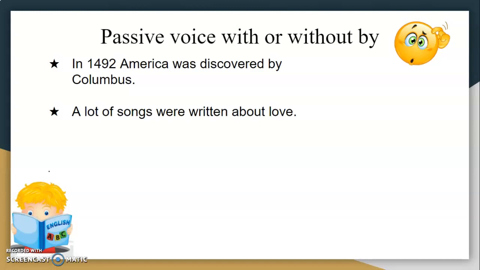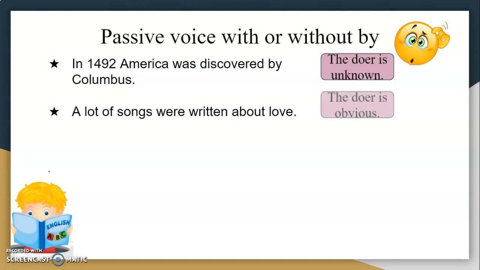Don't worry, why does just the first sentence have by? Okay, in the first, the doer is unknown, so it's important to know who did the action. But in the second, the doer is obvious and not important.